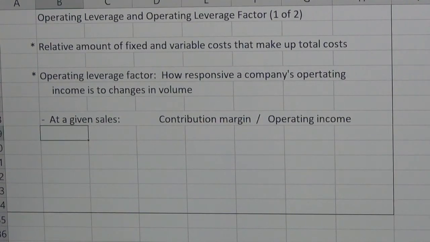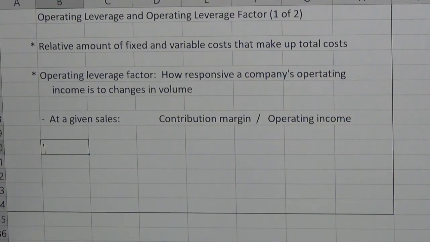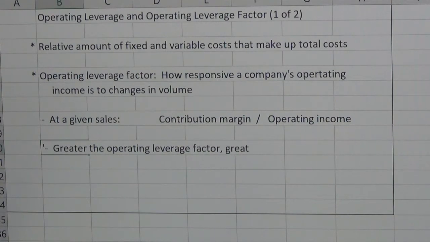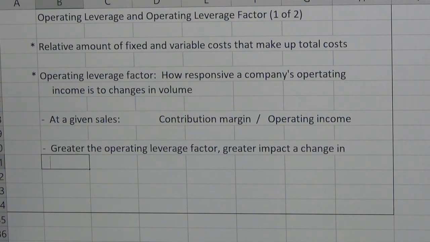So at a given sales, the question becomes, what does our contribution margin look like relative to operating income? And the reason why we're interested in this is because the greater the operating leverage factor, the greater impact a change in sales volume has on operating income.